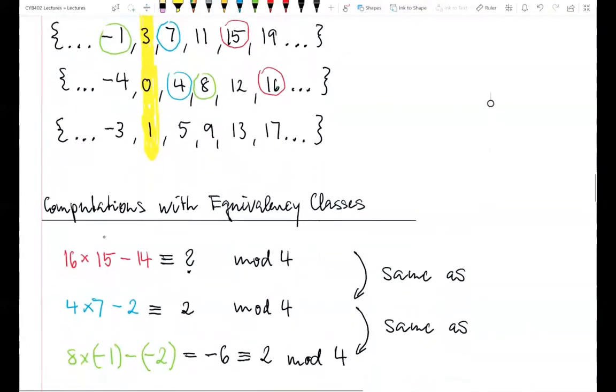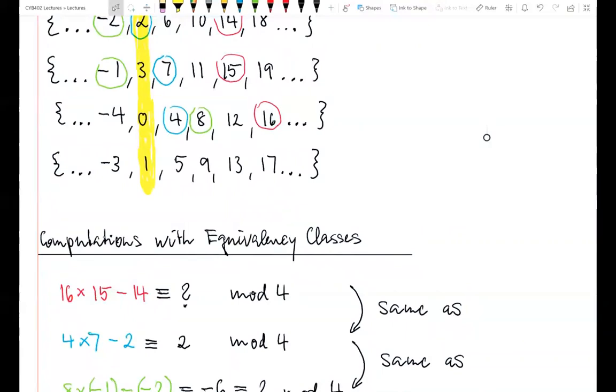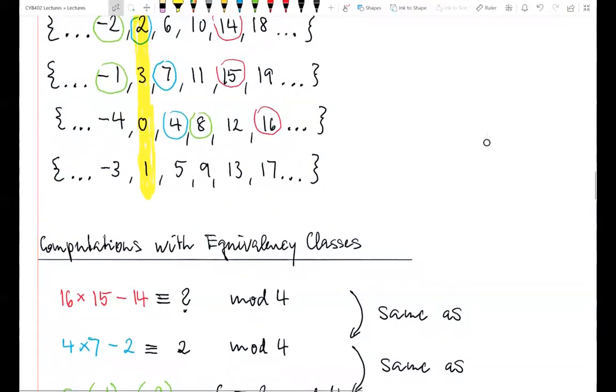So I gave two versions here to just make the point that we always arrive at the same result. So 16 obviously is too big for us. What we can do is instead we can choose 4. Why do we choose 4? Because it's in the same equivalency class.